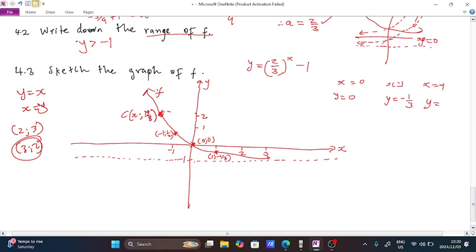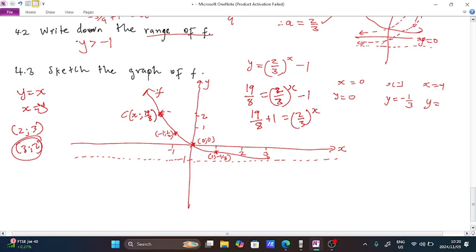Then what is the value of x? Using this equation, 19 over 8 equals 2 over 3 to the power x, minus 1. Now we need x, so we can add 1 here. 19 over 8 plus 1 equals 2 over 3 to the power x.